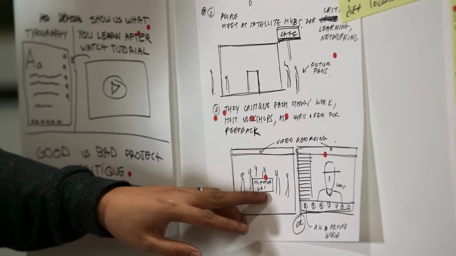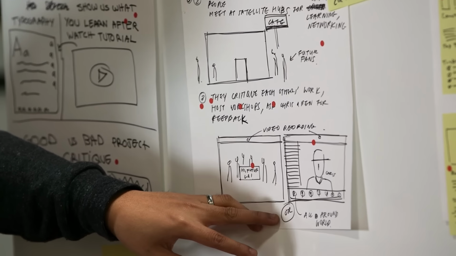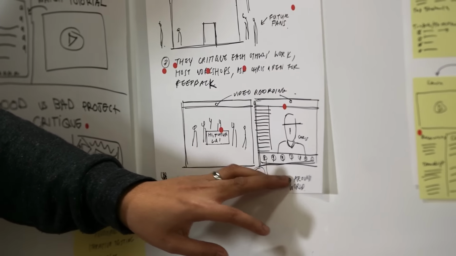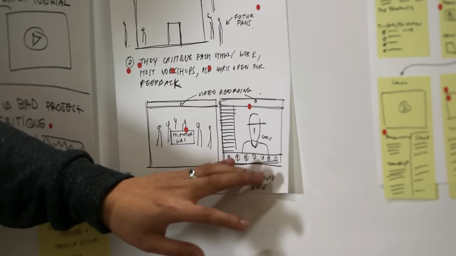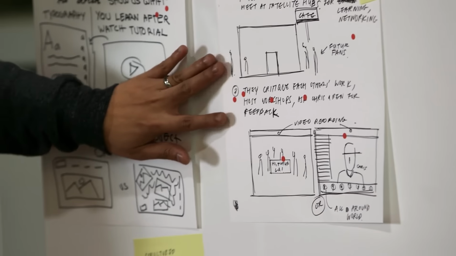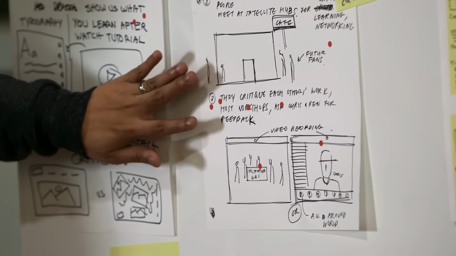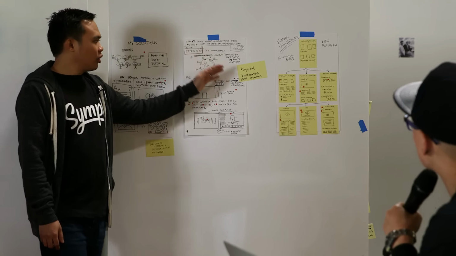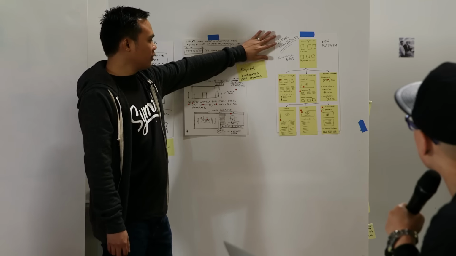Maybe that's people over there, video recording. So the highlight here is that they critique each other's work, learn, host workshops, and ask Chris and Ben for feedback. That's satellites.